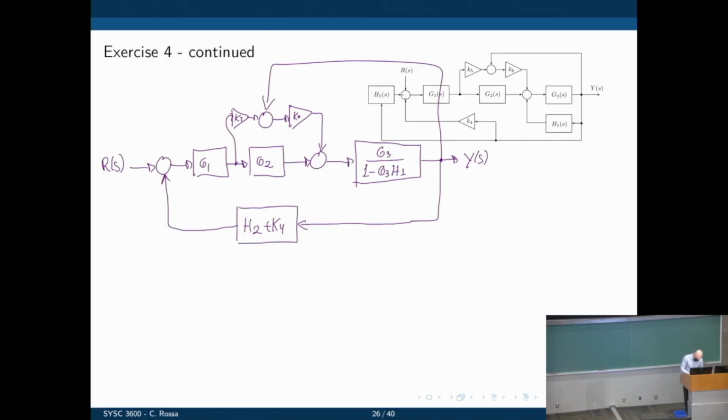So we need a negative sign in there to compensate for that. Does that make sense?